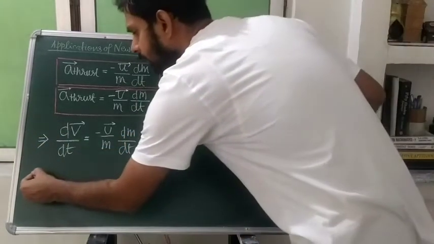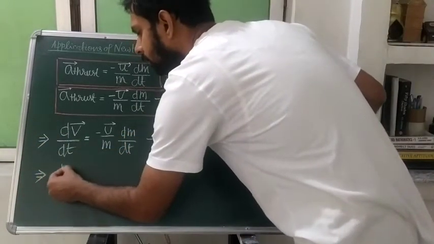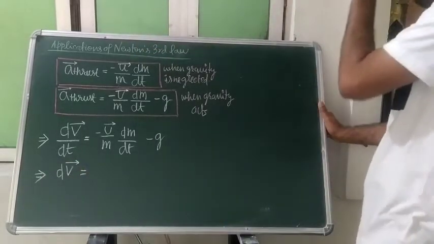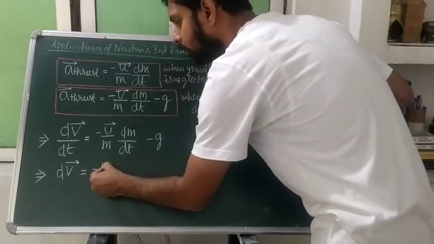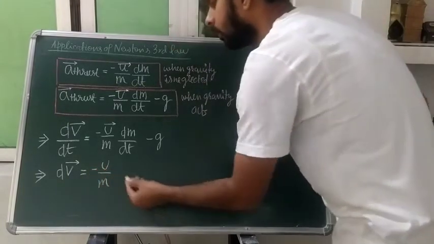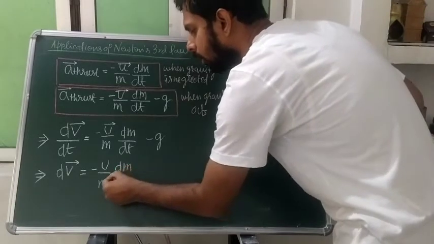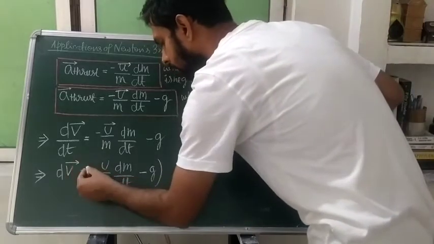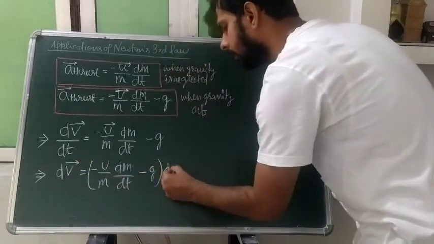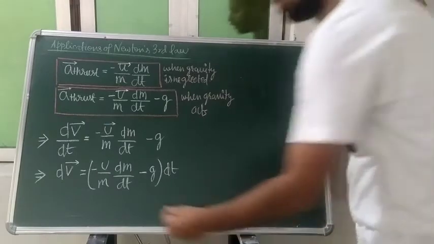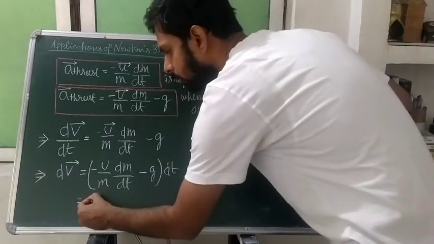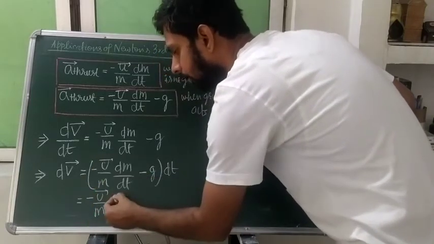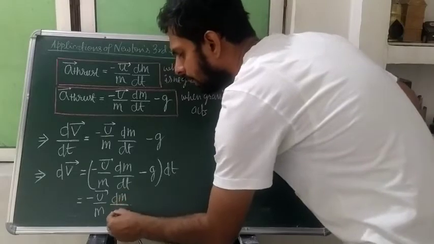What can be the next thing? This del t I am taking to the other side. So it will become minus u by m times del m upon del t minus g, times del t.